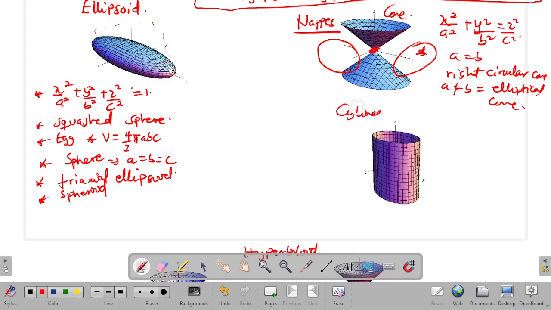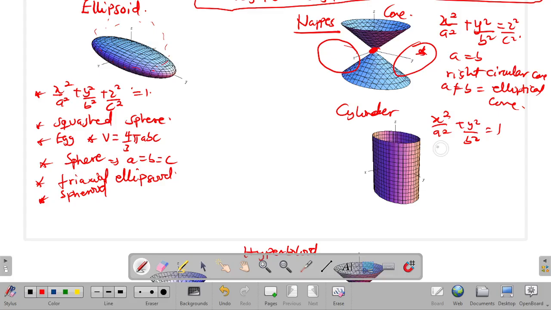Okay, a cylinder. So a cylinder is generally represented by its equation x squared over a squared plus y squared over b squared is equal to 1. Okay, this is a cylinder. Now, a cylinder may have an elliptic cross section. Look at this one. You see, this is not a perfect circle, right? It may have an elliptical cross section or a circular cross section.